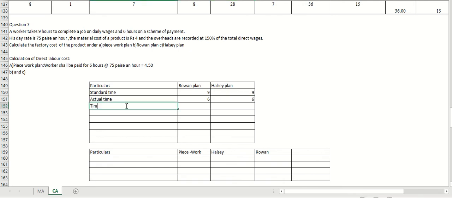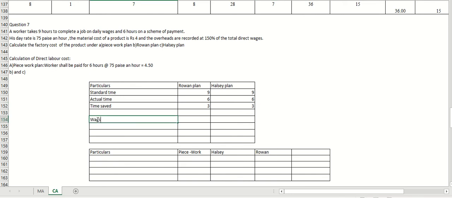Therefore, the time saved is the standard time minus the actual time. 9 minus 6, we get 3. So now let's calculate the wages.